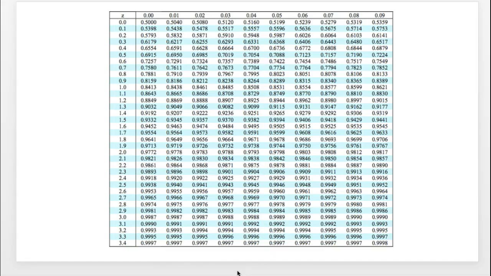Just visually here, the largest z-score on this table is 3.49, and the area below it is roughly 0.9998. Because we're getting further than 3 standard deviations away from the mean, things are becoming less and less likely. So that's why they don't include 5 here. If you include 5 here, if it's less than, then we're going to assume it's 1 because you're going to get the area underneath the entire curve.